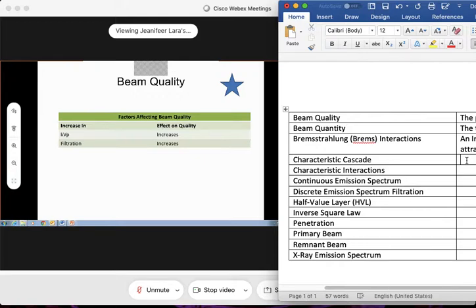So there are some technical factors. The technical factors are the factors that we select on the operator console. So Javier mentioned KVP controls quality. KVP controls quality, not mass. Mass controls what?